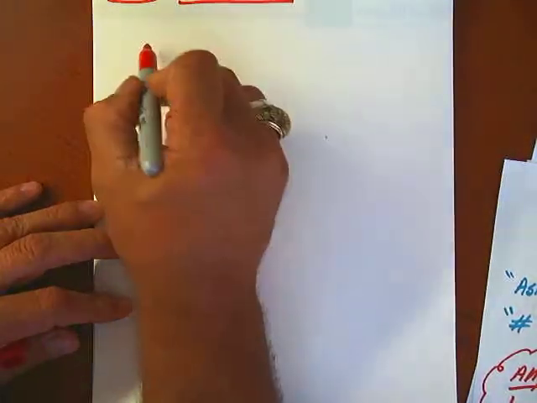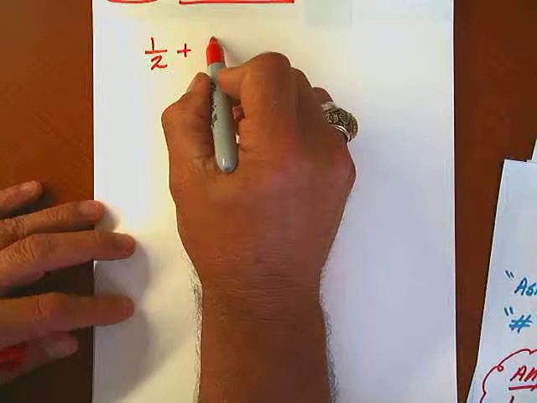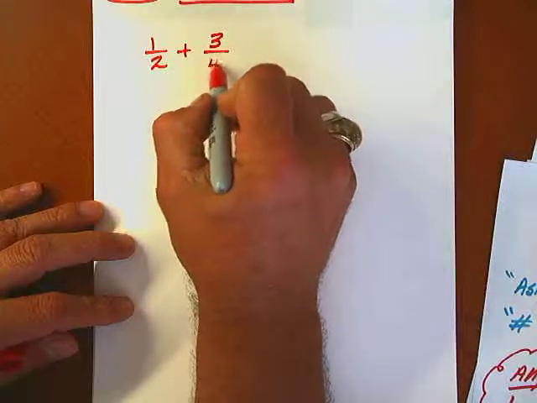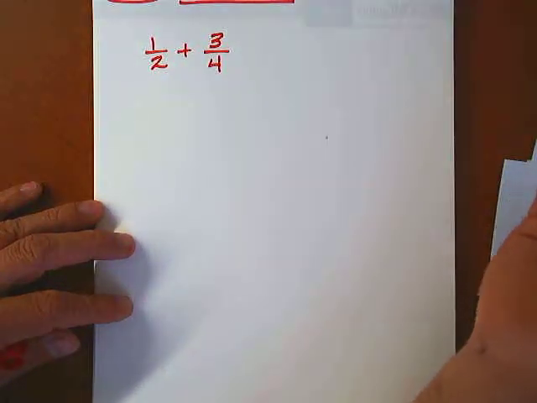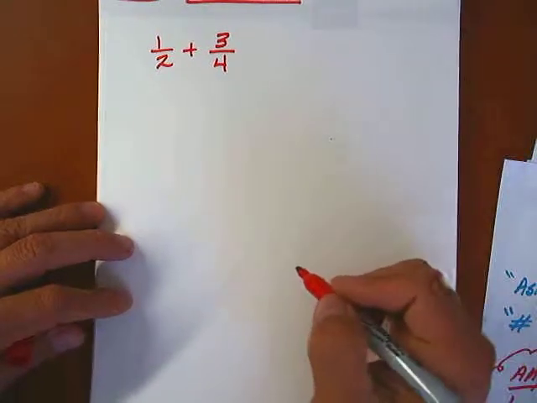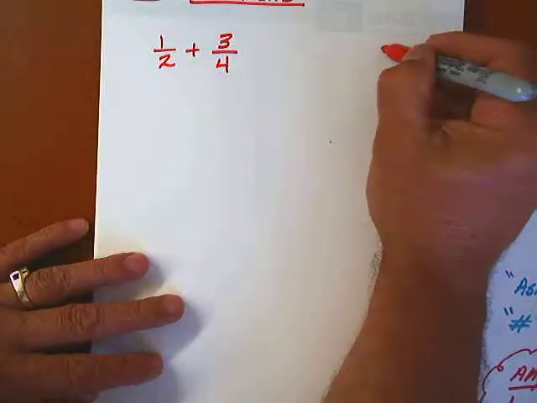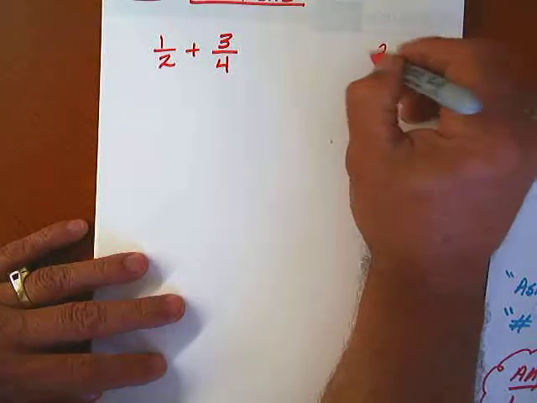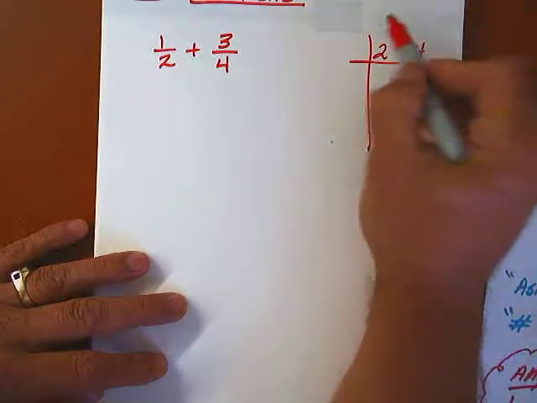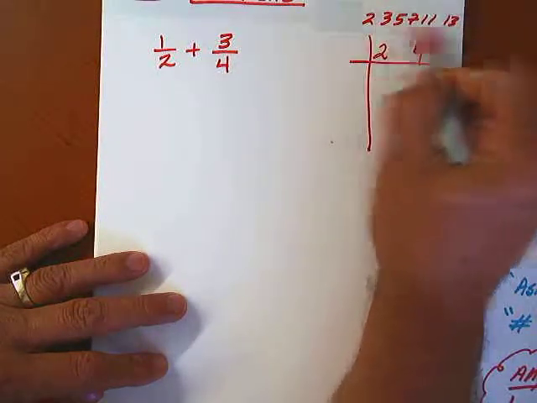But before I do that, I'd like to go back to pre-algebra and talk about adding and subtracting fractions. I want to make sure everybody knows how to do the basics before we get into the heavy stuff. So 1/2 plus 3/4. Now, a lot of students would say, oh, 8 is the common denominator. Well, you're wrong. Okay?